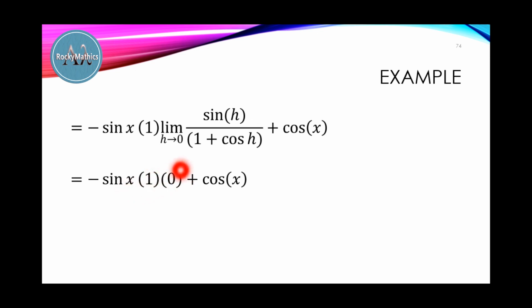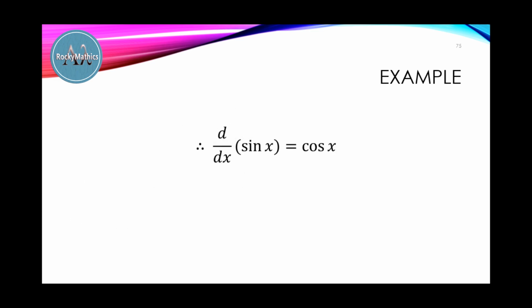This whole expression is 0 plus cosine x. Therefore, we have cosine x. So we have shown that the derivative of sine x is equal to cosine x. This is our proof of the derivative of sine x, which is really equal to cosine x.